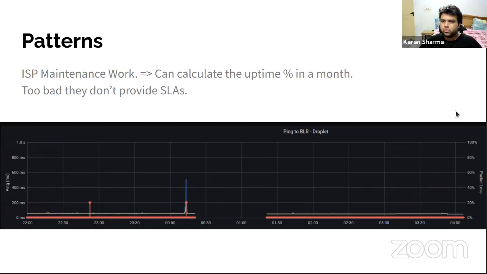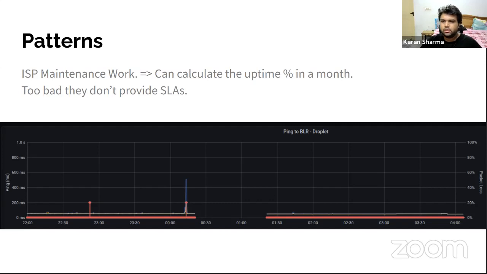Secondly, this is one pattern where I had downtime during the night because some ISP maintenance work was happening or something like that. And before that, you can also see the ping time had spiked up. So basically, you can gauge how much percentage downtime your ISP is giving you.